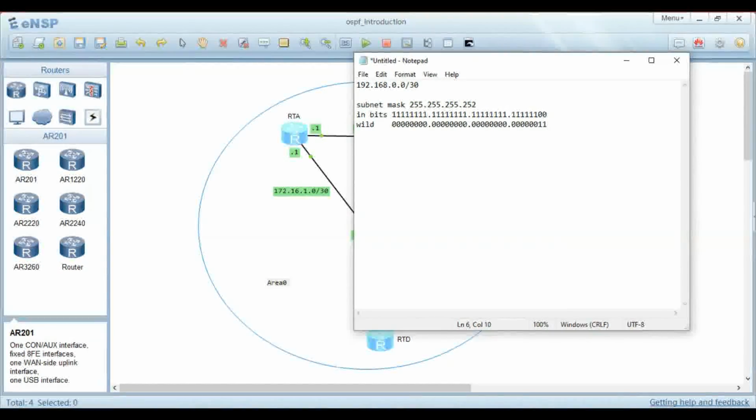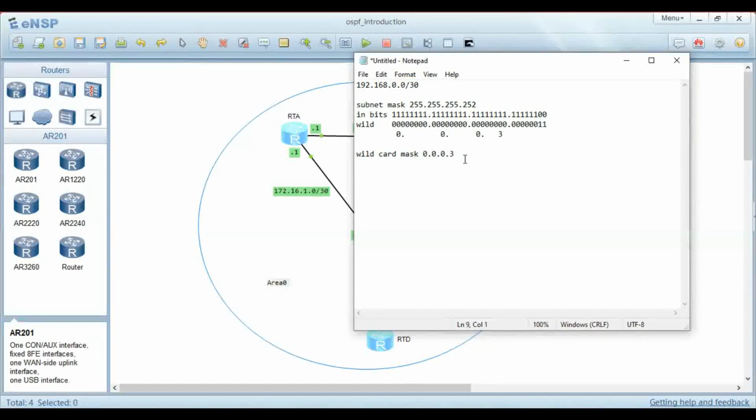If we convert these to decimal, the first octet will be 0, the second octet 0, the third octet 0 as well, but the final one will be 3. So our wildcard mask is 0.0.0.3 for a slash 30 network.